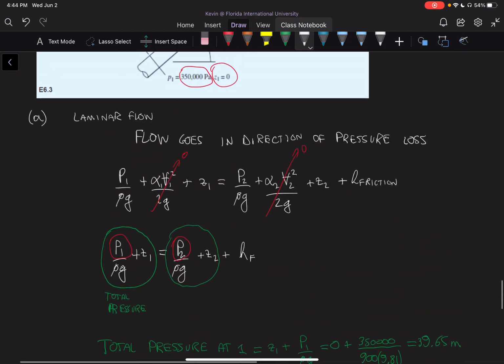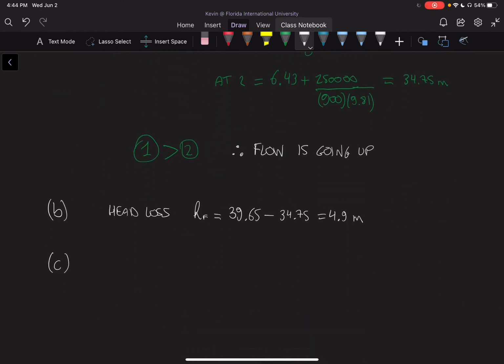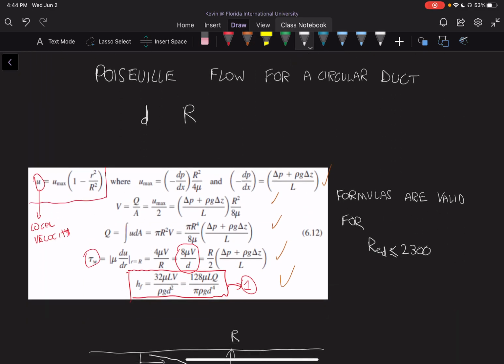Part C asks us to find our Q. So since our Q is constant, we can use any velocity or any area. So we have Q is equal to A times V. Now, we would have to know a bunch of information to be able to find A times V. Now, if we look at our laminar flow formulas, we can actually find Q. So from our laminar formulas, we actually have a term for Q. We can say that Q is equal to the following.